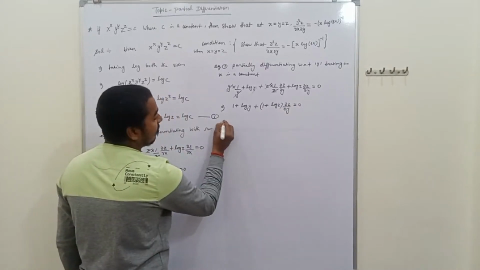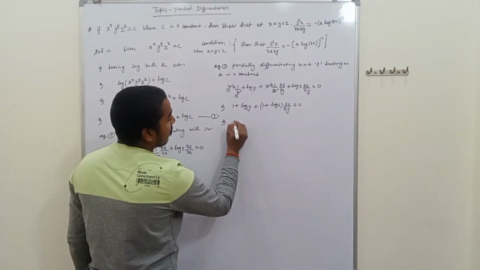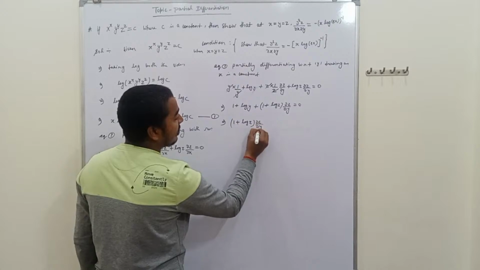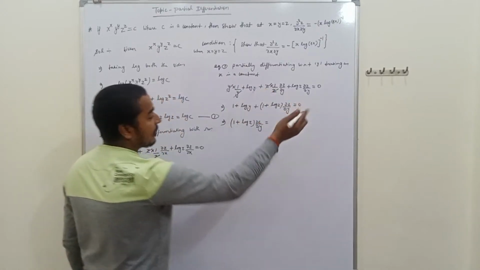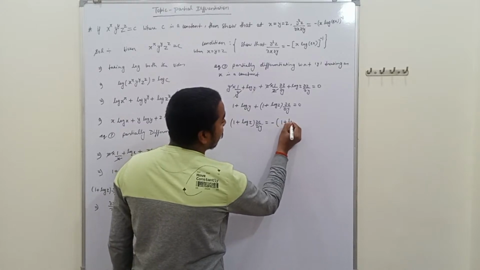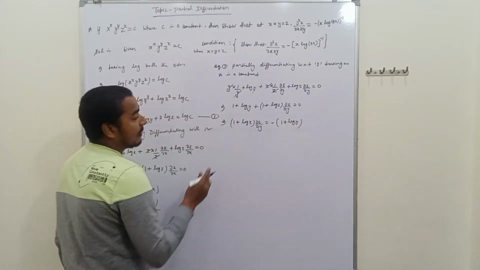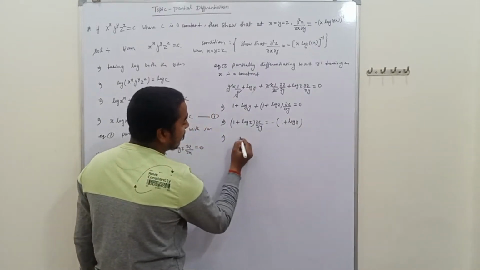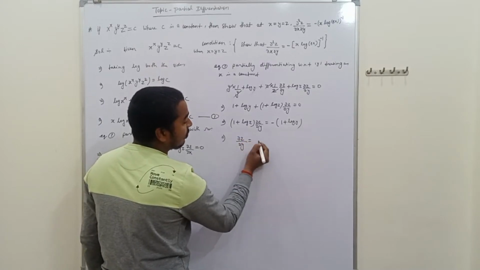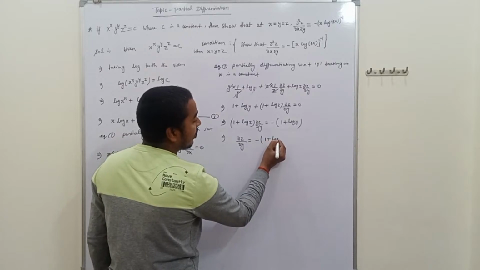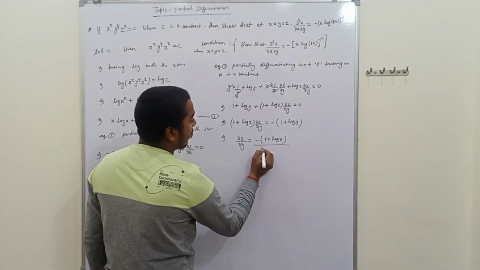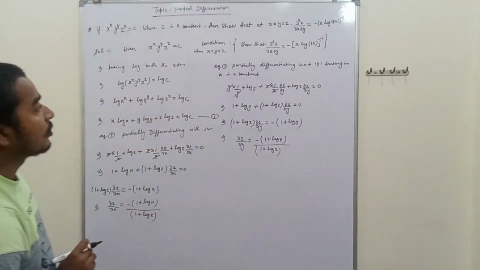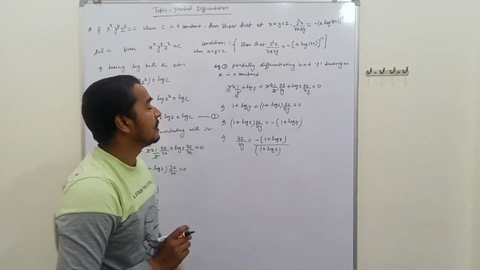Further we have to find the value of del z upon del y, that is 1 plus log z into del z upon del y is equal to minus of 1 plus log y, taking it to the right hand side, and 1 plus log z to the denominator. That is del z upon del y is equal to minus of (1 plus log y) upon (1 plus log z). Further we have to show del 2z upon del x del y is equal to this.